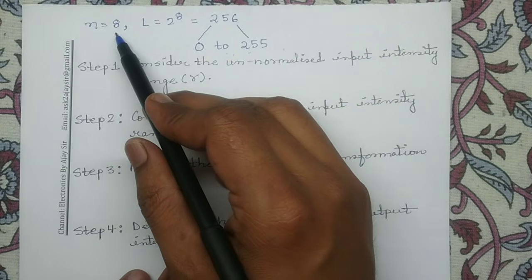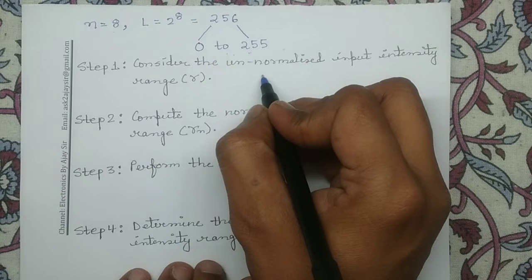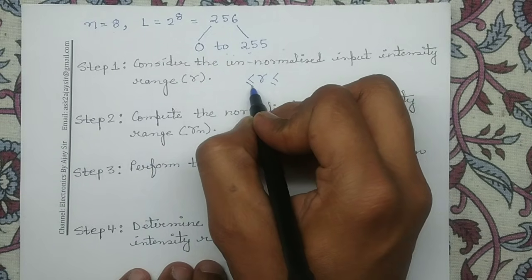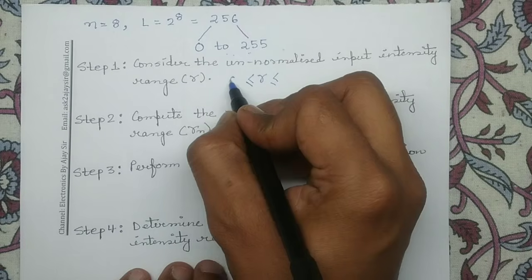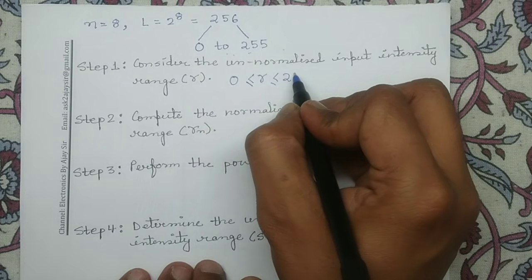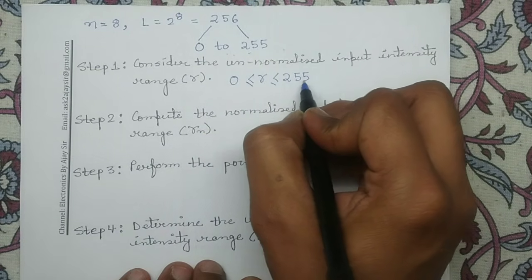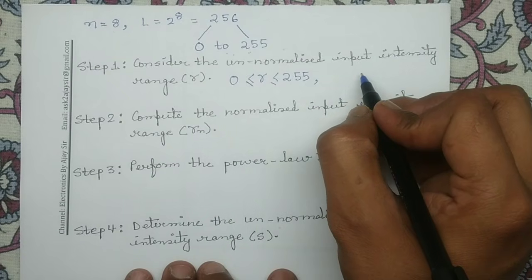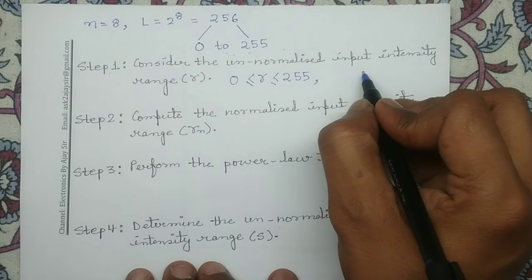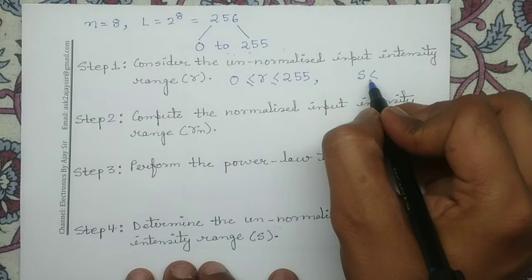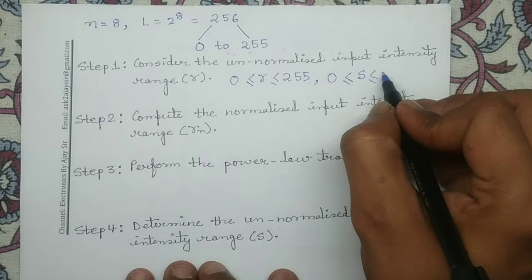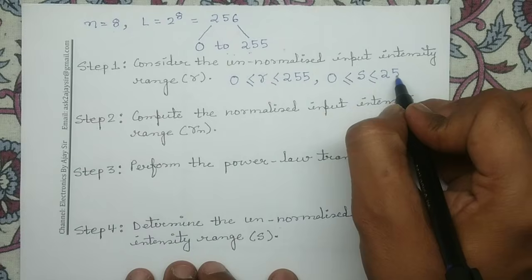So we have obtained the range of the unnormalized input intensity range R, which varies from 0 to 255. And we want our unnormalized output intensity range S will also vary from 0 to 255.